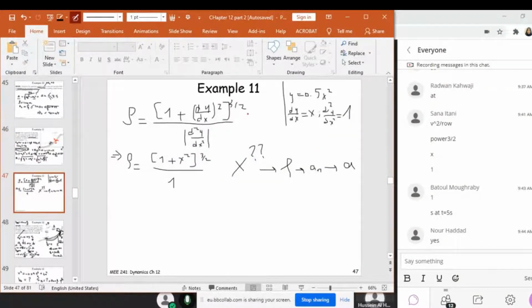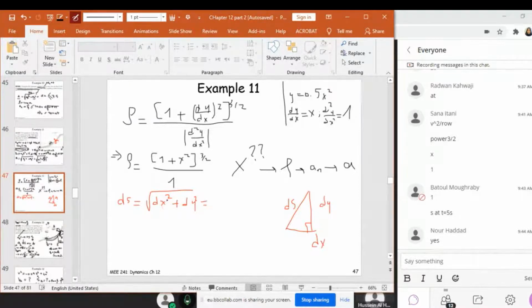So I'm going to exaggerate this triangle a little bit: this will be ds, this will be dx, and this will be dy, and of course this is 90 degrees. This means that ds will be equal to the radical of dx squared plus dy squared.